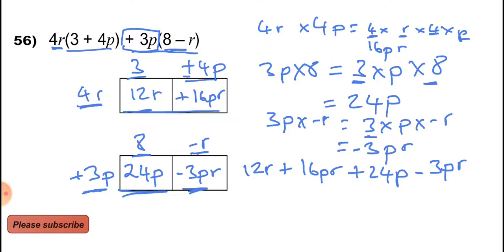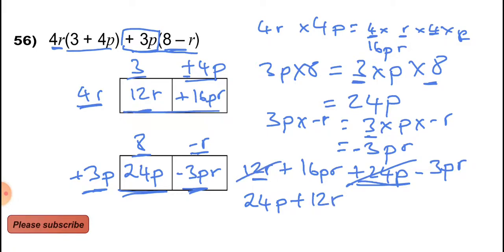Now I can see the 24p is by itself, there's no collecting like terms, so write 24p down as it is, so that's 24p dealt with. Then the 12r I can see is by itself, there's no collecting like terms there, it's positive, so it's plus 12r, so that's dealt with.